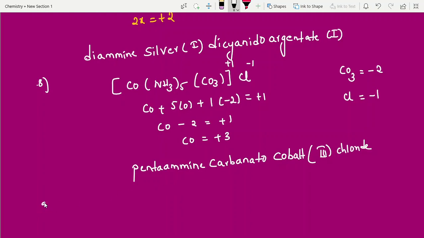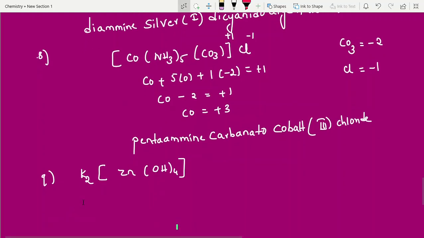Next, the 9th one. K, potassium. Again I am giving K2[Zn(OH)4], hydroxo. Given names, no? Okay, now try to give names, students. What is the oxidation state of Zn here? Potassium oxidation state is +1, right?